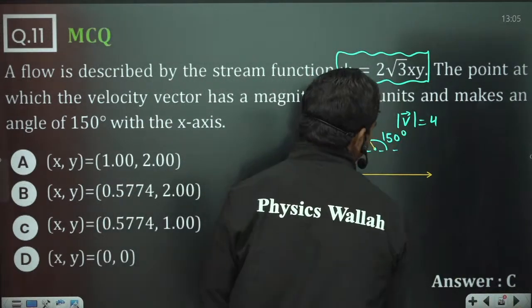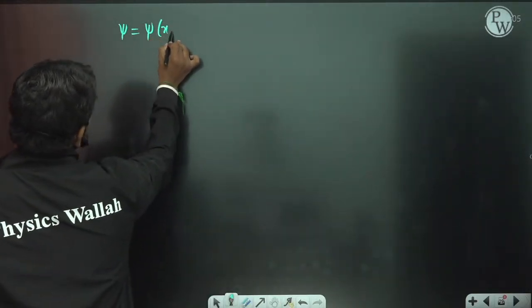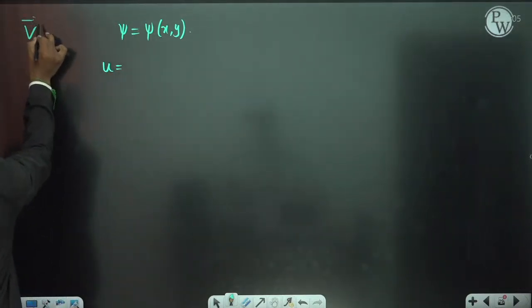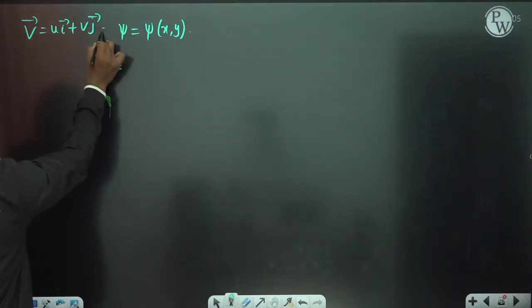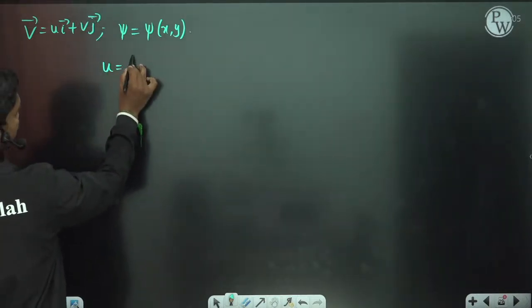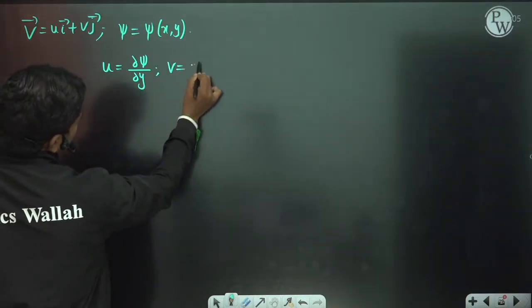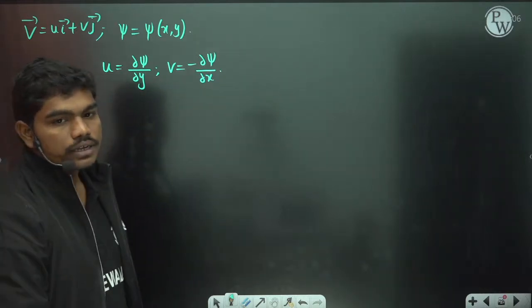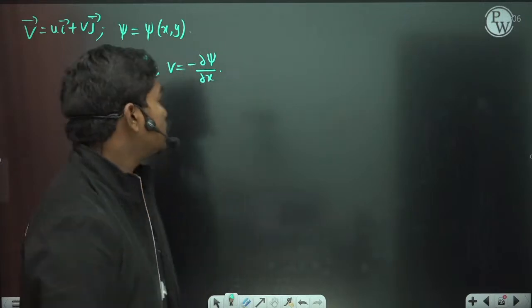First of all, tell me, if you have a stream function and the velocity vector is ui plus vj, for which the stream function is given, then these are related by u equal to dou psi by dou y and v equal to minus dou psi by dou x. Phi and psi satisfy the Cauchy-Riemann equations, which is how you have this.